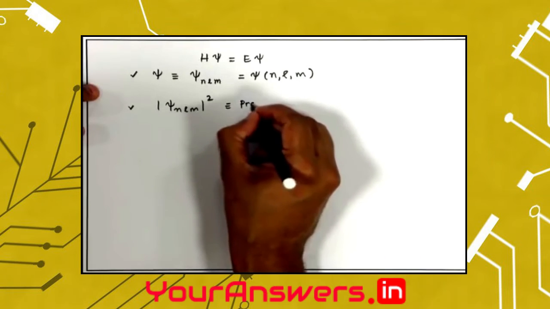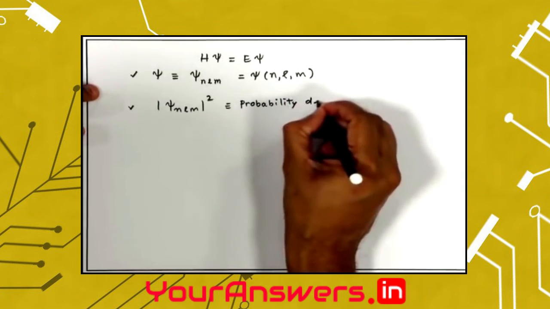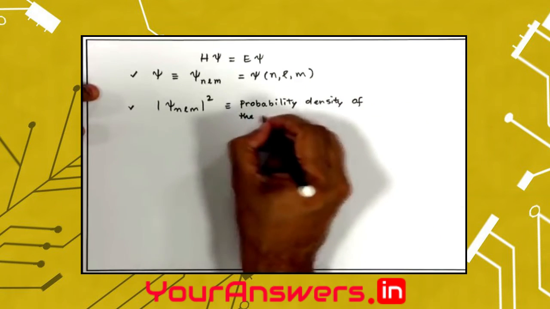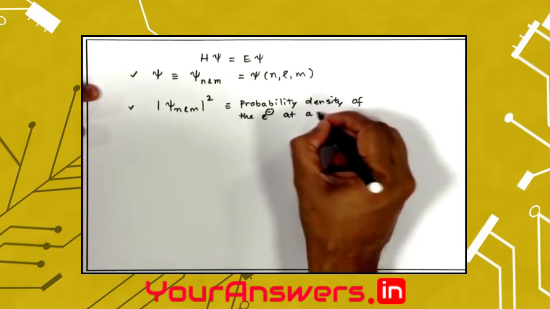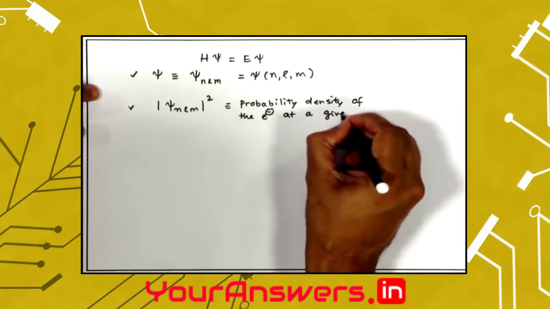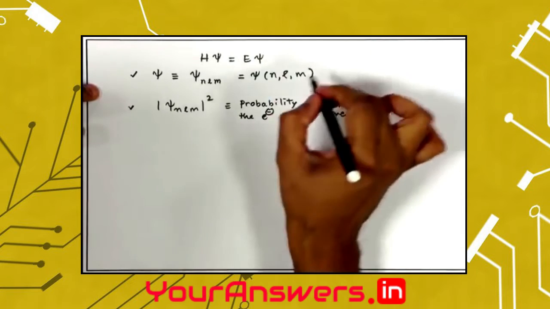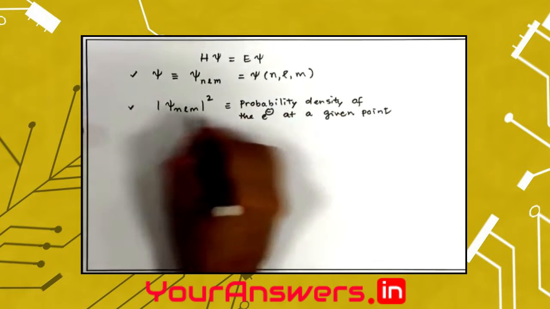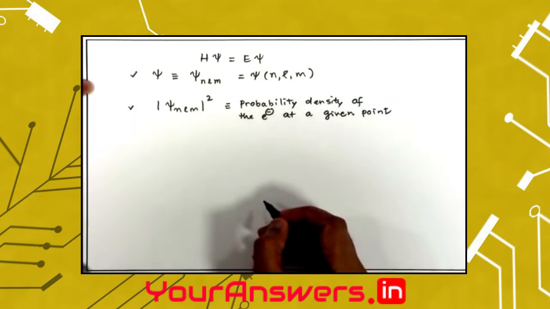This tells us the probability density of the electron at a given point. This is important, because at a particular point you have a particular value of this wave function, and the square of it is actually the probability of finding that electron at that point.